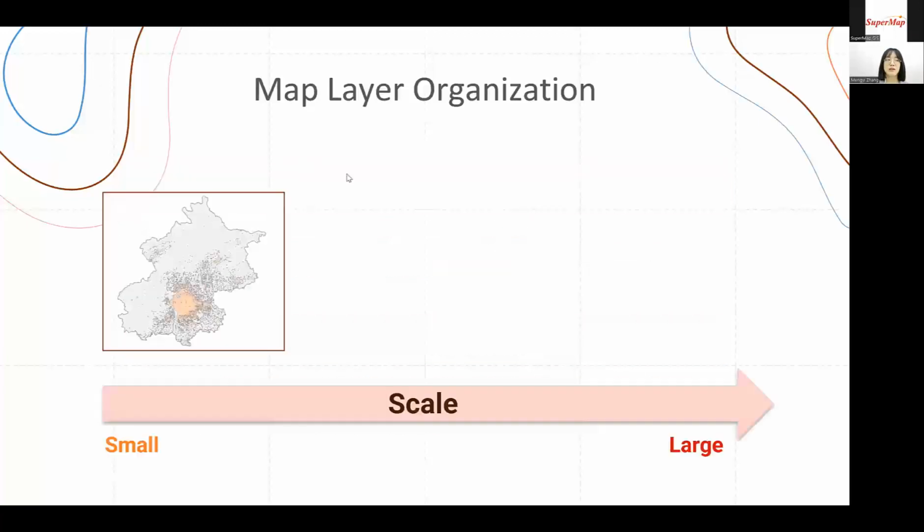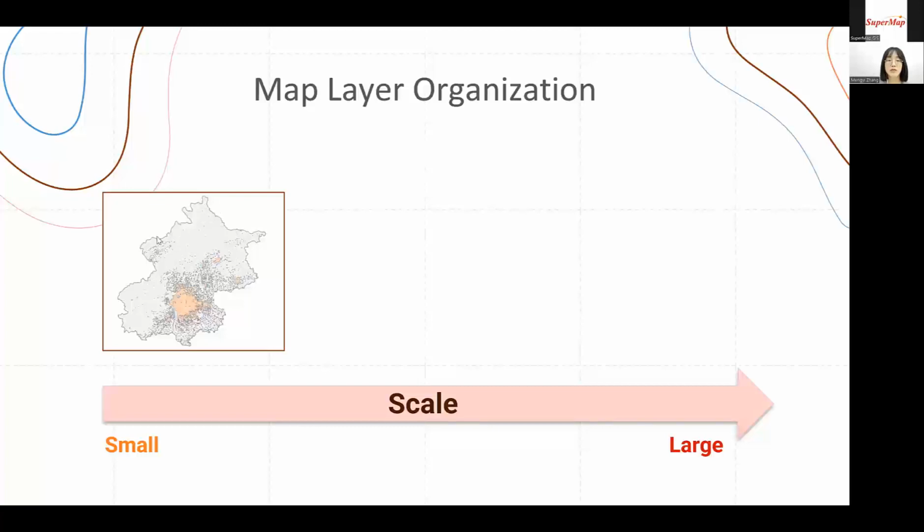So here I have an example of how to control your map content according to scale. On the first map, you can see that this is a map at a very small scale.